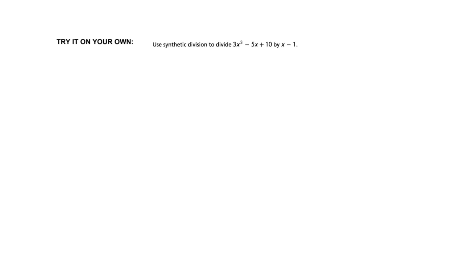So you can try this on your own if you want, but I will go through it right now. All right, so my a term is +1. My coefficients are 3, 0 for x, plus 0x squared, minus 5, plus 10, right?